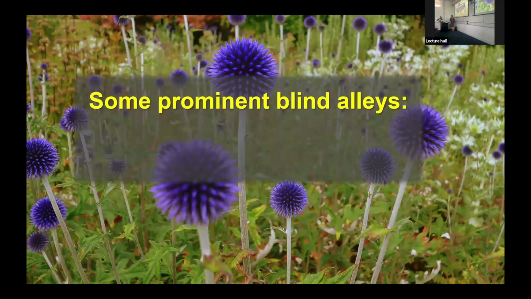Now, I would like to finish with some blind alleys. Paths that, in my very humble view, are not fruitful. They are not going to take us anywhere. I will mention two in the interest of time, and also because they are the most obvious right now, but of course there are many more. The first one: I don't know whether you notice the increasing presence in the literature of papers looking at individual traits in response to environmental factors.